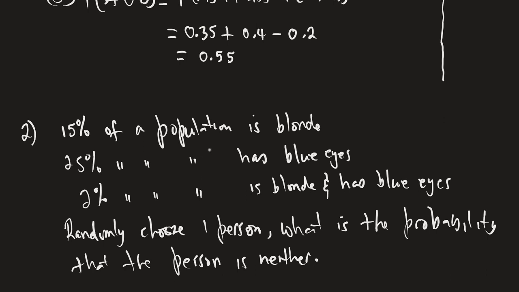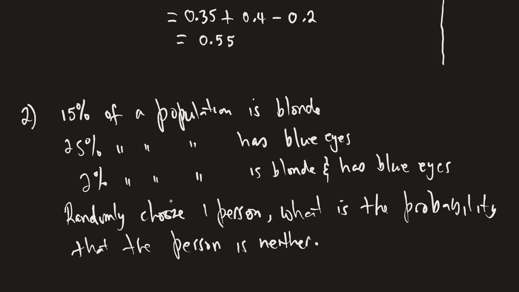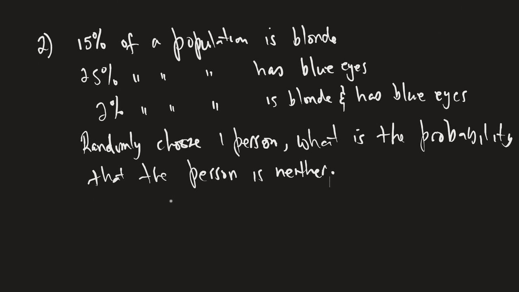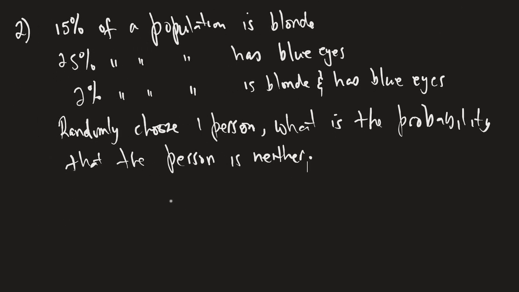Believe it or not, this question is exactly like one of the parts that we just did. It's exactly the same, and let me show you by setting up the Venn diagram.